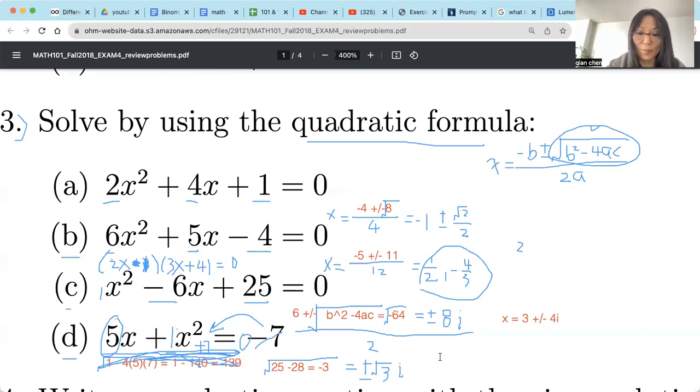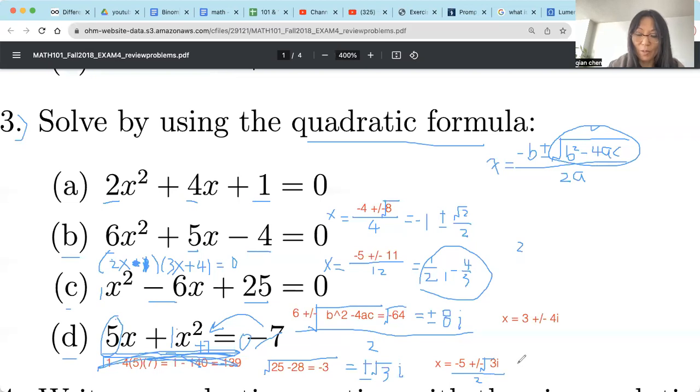Now let's put negative b in it. So x equals negative 5 plus or minus square root of 3 i, then divided by 2a. a is just 1, so just divided by 2.